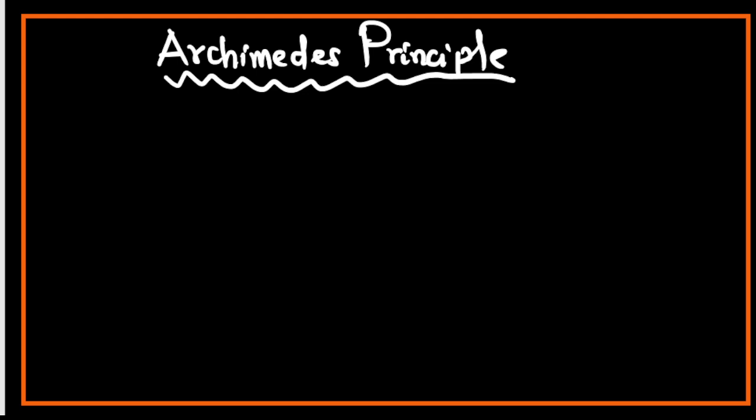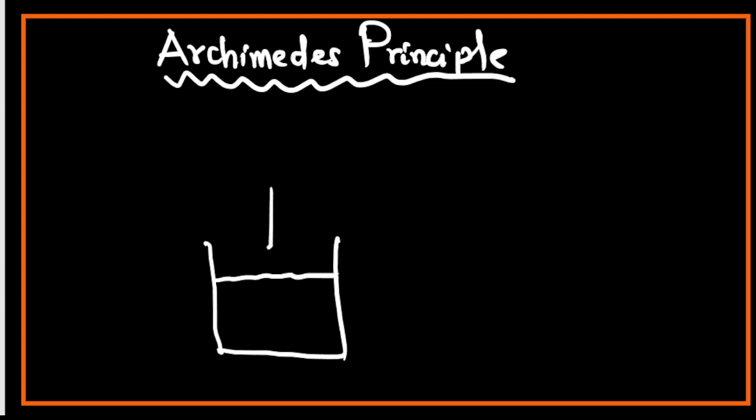Now, imagine we have a container here, and inside the container we have a liquid. This happens to be the level of the liquid, and then you have an object immersed inside the liquid. This kind of immersion that you can see in the diagram is called partial immersion.